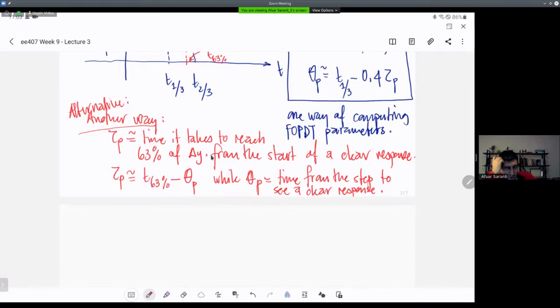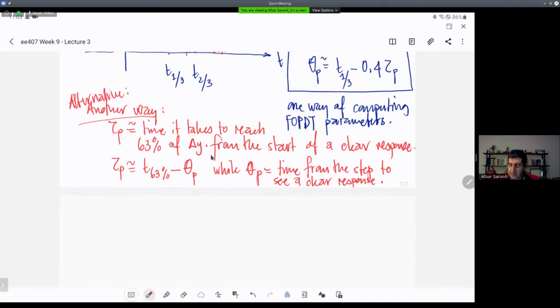Yani response'a bakıyorsunuz ve response'un harekete geçtiğini düşündüğünüz anı delay olarak işaretliyorsunuz. Yani şöyle bakarsanız mesela, gene bir şey çizelim.